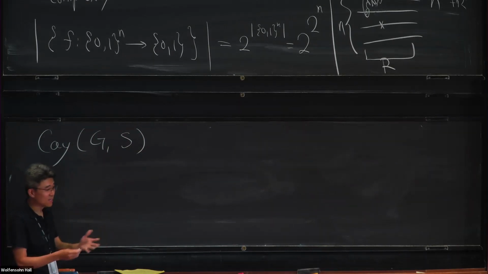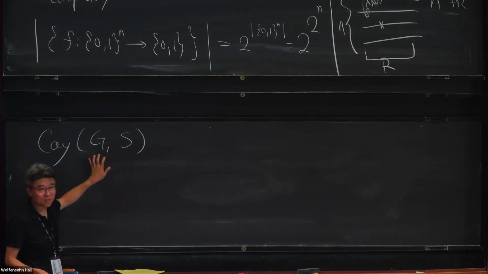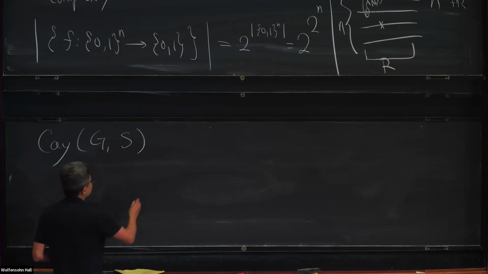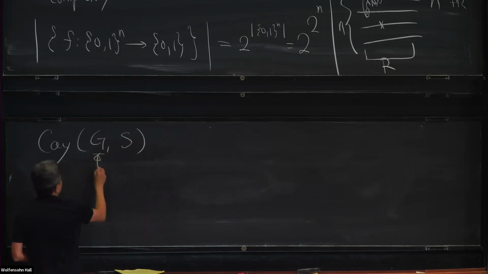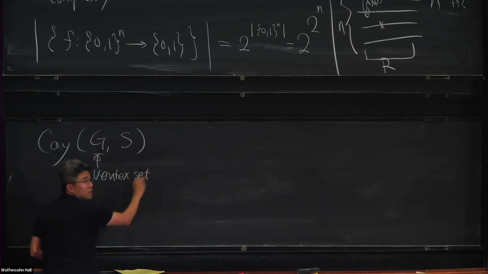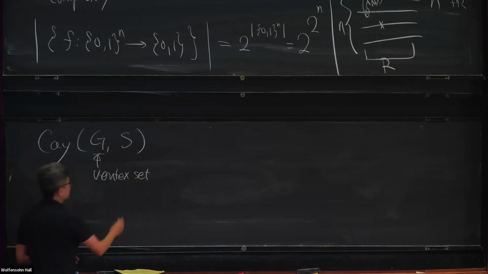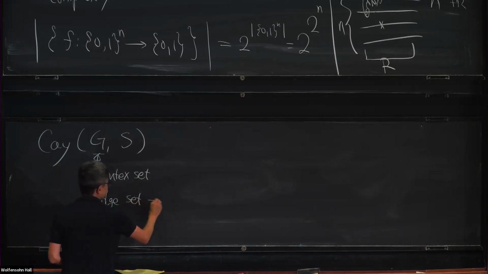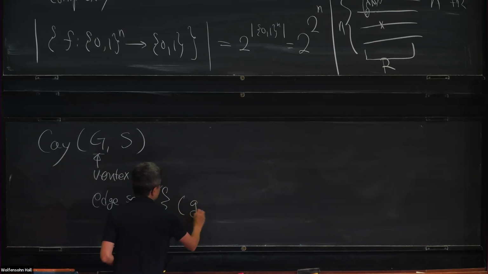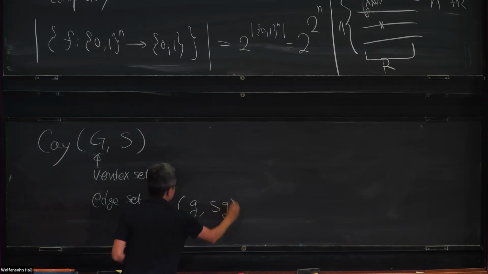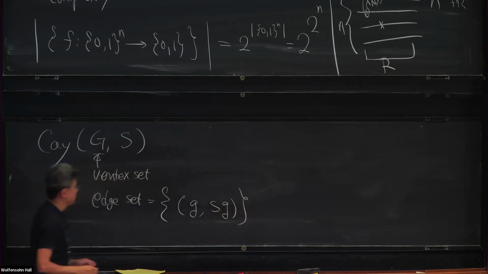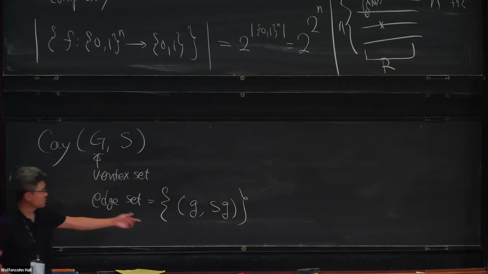So if you multiply enough elements from this generating set, then it becomes the full group. This is the vertex set. And the edge set is a collection of 2 points of this form.